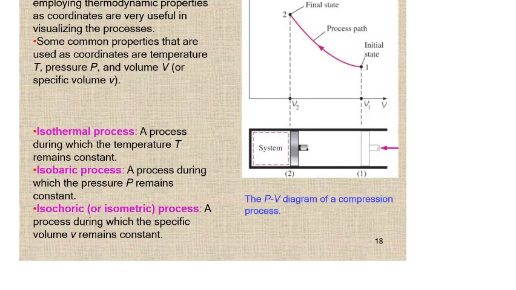So here we have an isothermal process, in which the temperature remains constant throughout the process. In an isobaric process, the pressure remains constant throughout the process. In an isochoric process, the volume remains constant throughout the process.